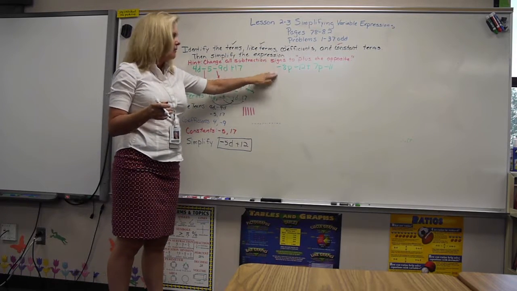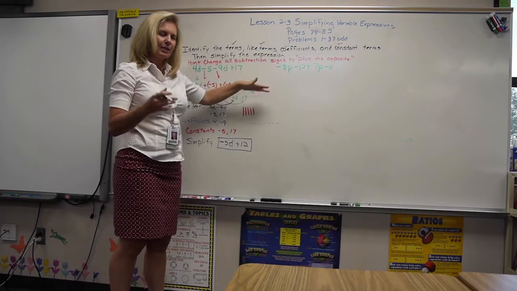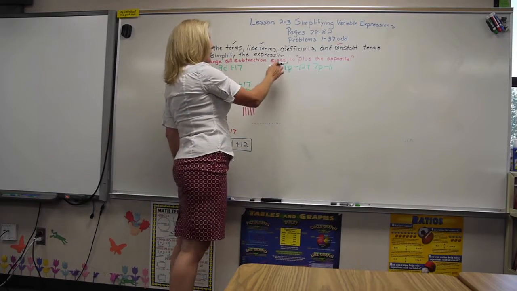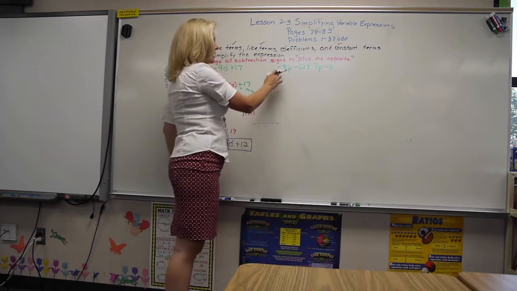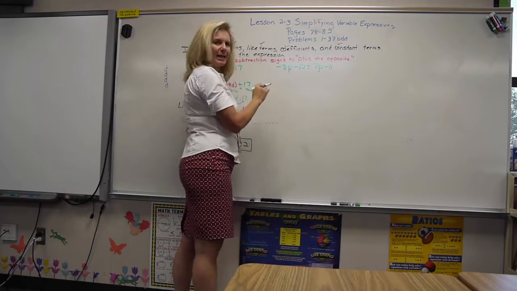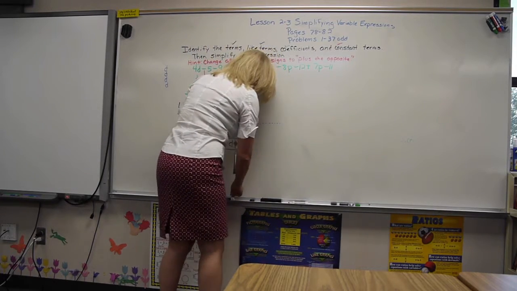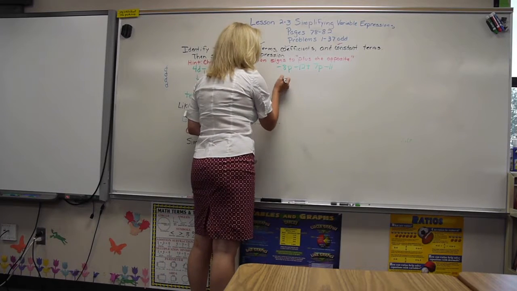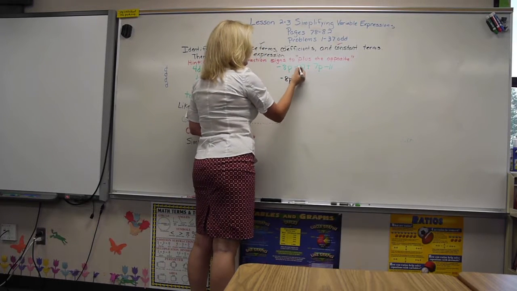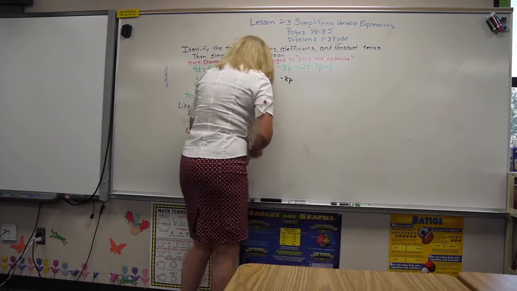Again, every time you see a negative, you're going to change the negative or subtraction to plus the opposite. Now notice, if it's the first one in the series, you don't have to worry so much because you can already see that's a negative 8p. But here, I see a minus.